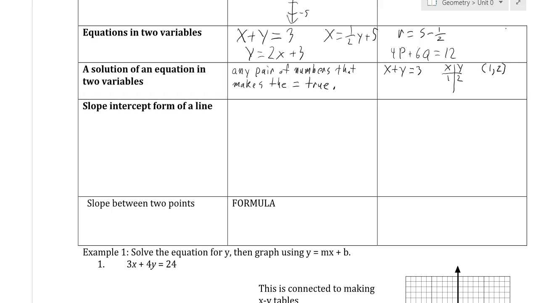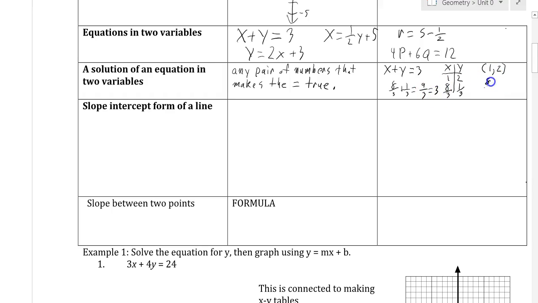And of course, whole numbers are easy, but we could also have 1/3 for the y, and let's see, I want 9/3, so 8/3 for the x, because 8/3 plus 1/3 is 9/3, adding the tops over the common denominators, which is 3.